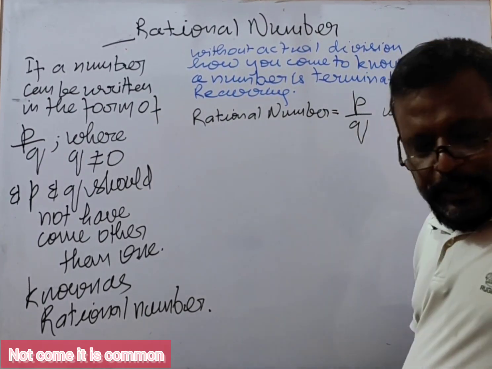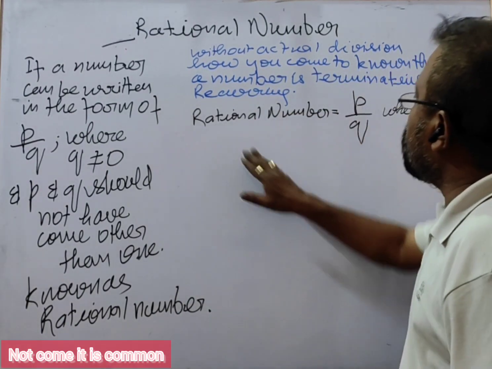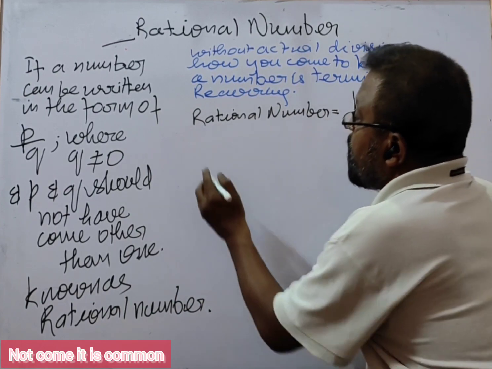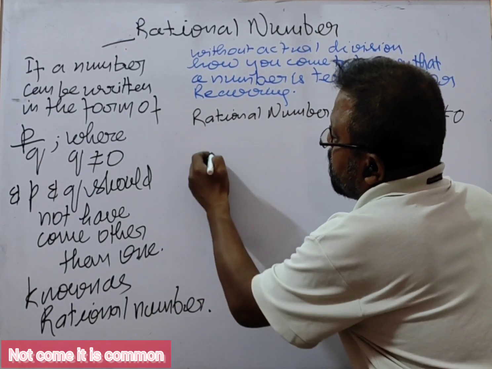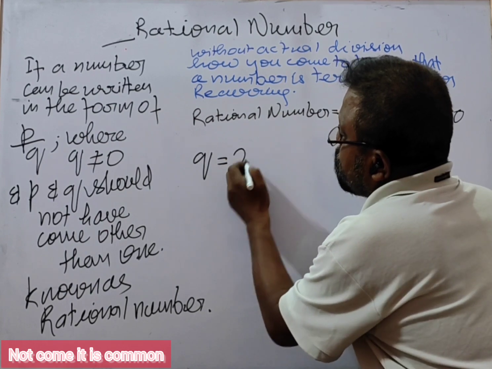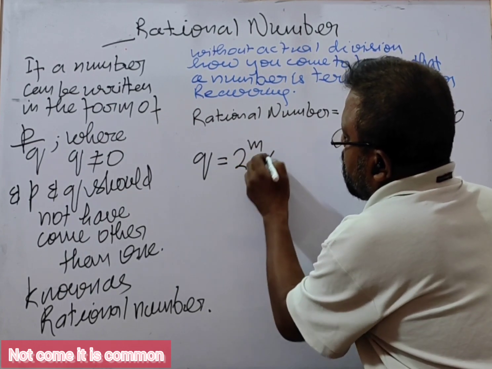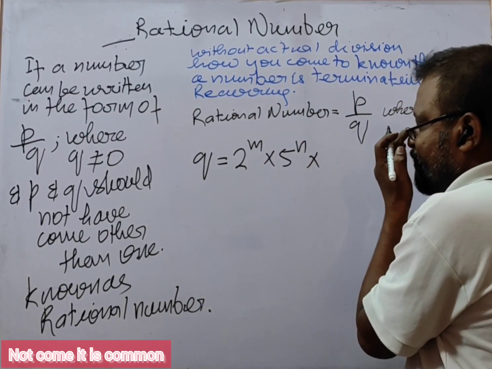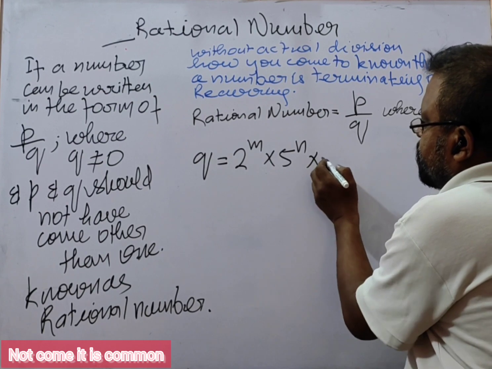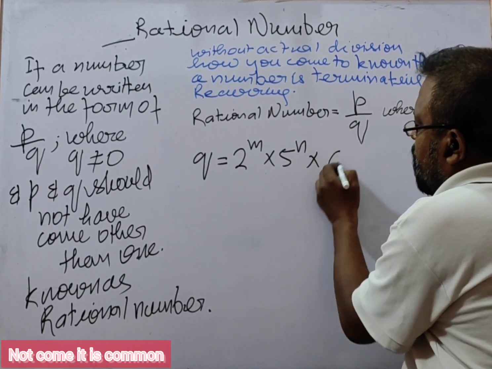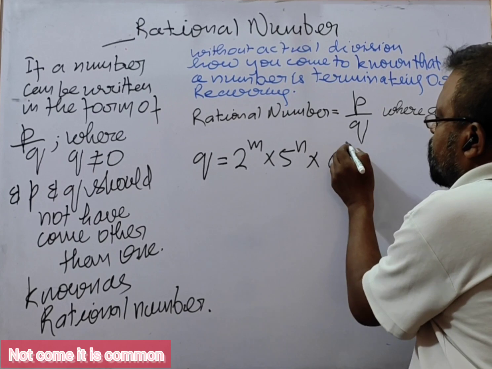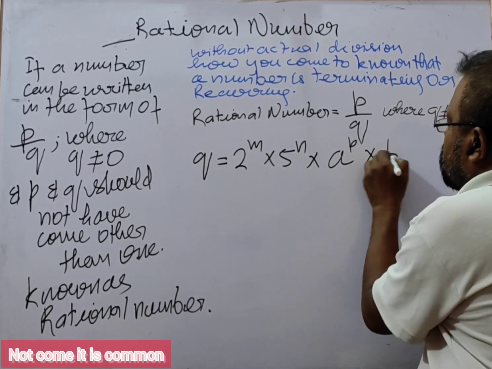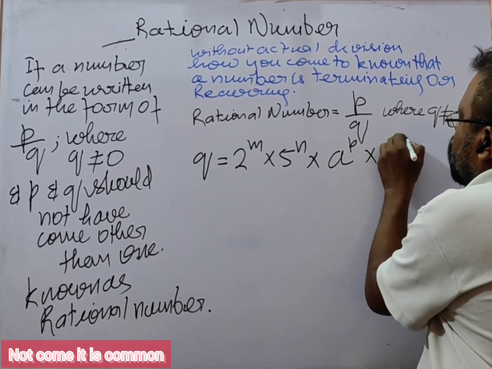As you know, p is a rational number in the form p upon q, where q is not equal to 0, and if q is written as 2 raised to the power m into 5 raised to the power n into a raised to the power p into b raised to the power q, right?